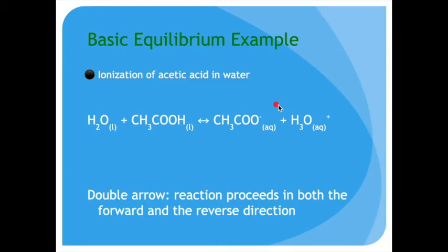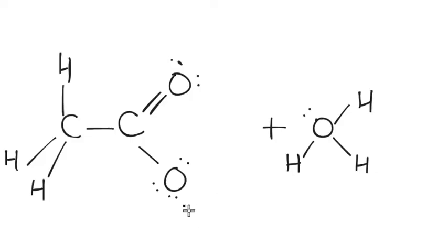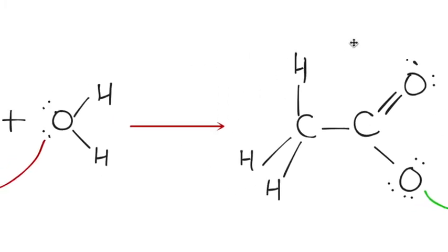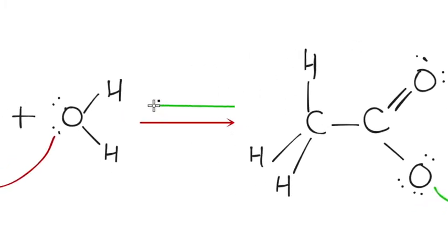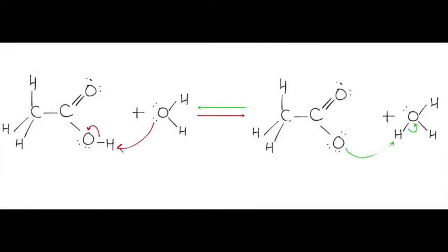In reality, this process moves in both directions and is existing as an equilibrium. The double arrow in the middle tells us that the reaction proceeds in both the forward and the reverse direction. In fact, this even means we could write the whole reaction switched around and it would still be correct. Products and reactants in equilibrium are often a matter of perspective.